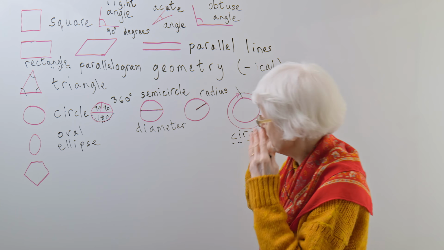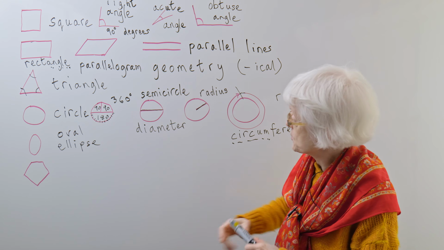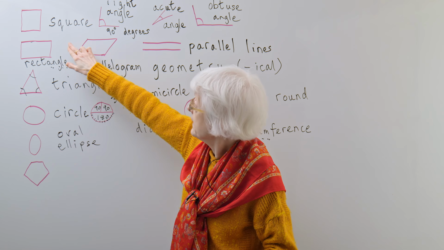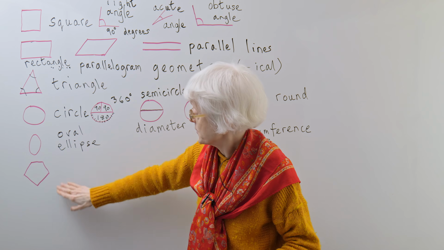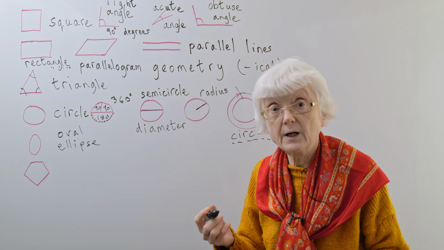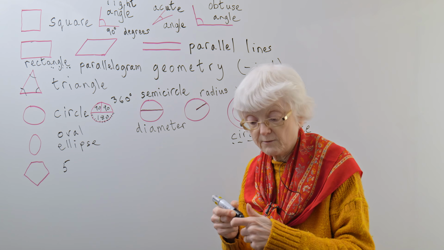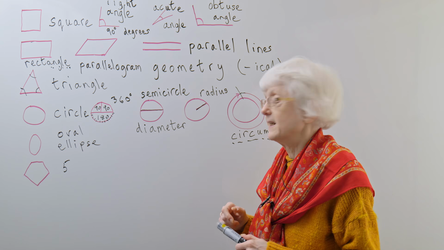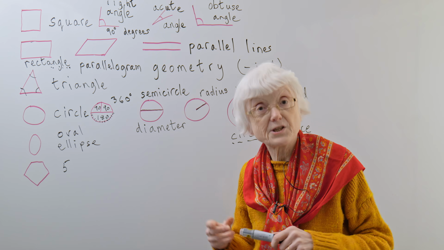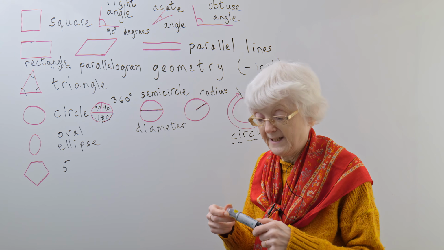Okay. Right, and then finally, what about some shapes which are more than 3 sides and more than 4 sides? So this one, 1, 2, 3, 4, 5, that has 5 sides. So, can you think of what you would call a shape with 5 sides? There is a Greek word meaning 5, if that helps at all.